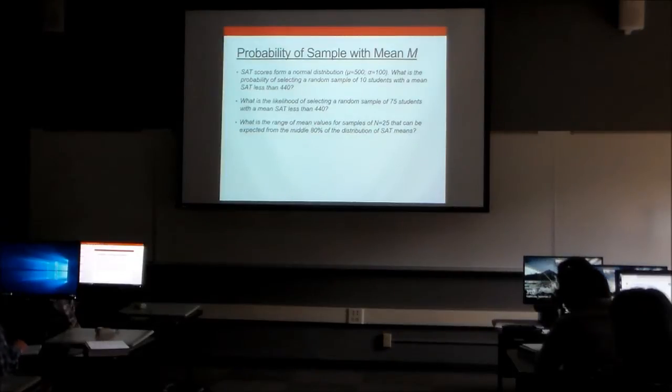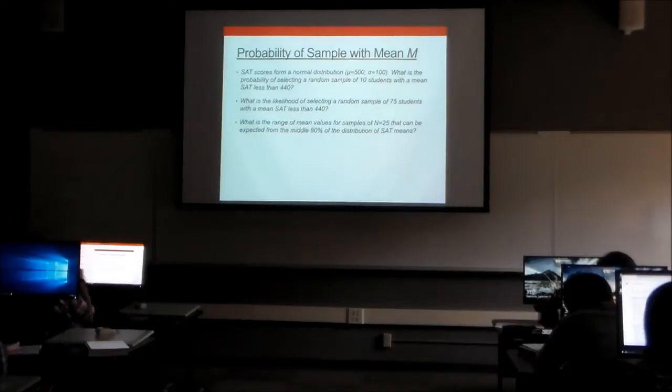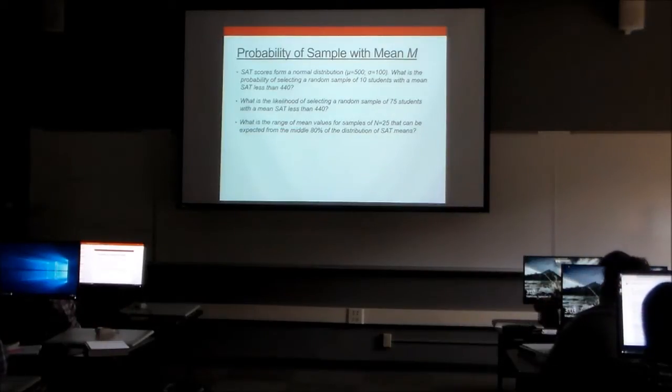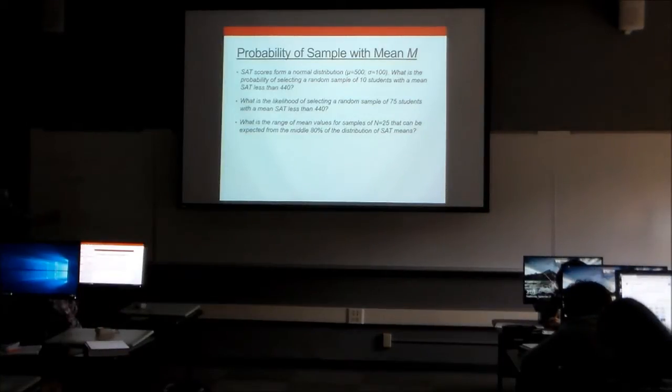Since it says less than 440, I actually did 439. Would that be wrong? No, use 440. Yep, it says less than, just use 440. Okay. So what do we get? It's about negative 1.89. Okay, so that's our test statistic.